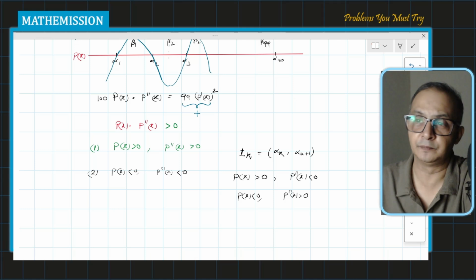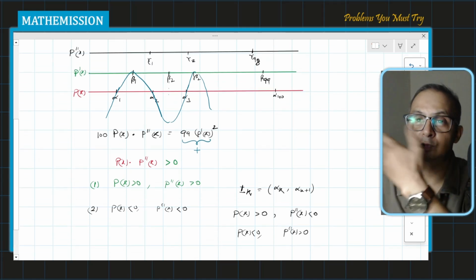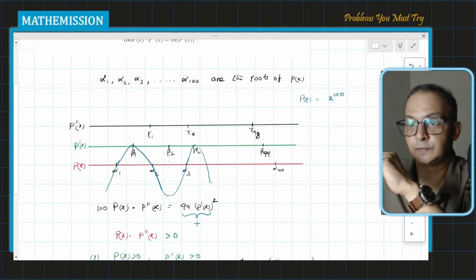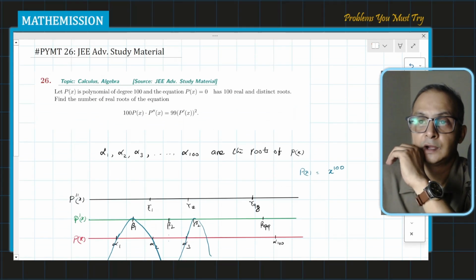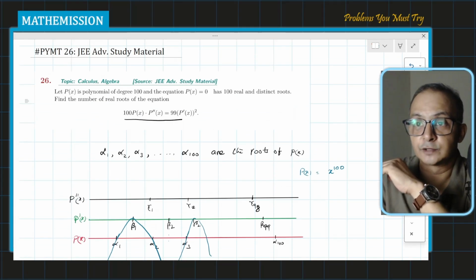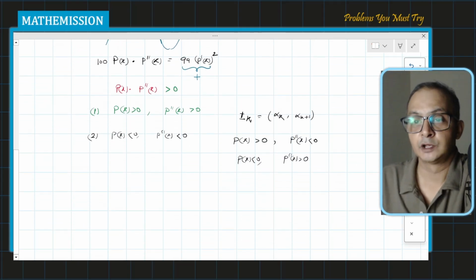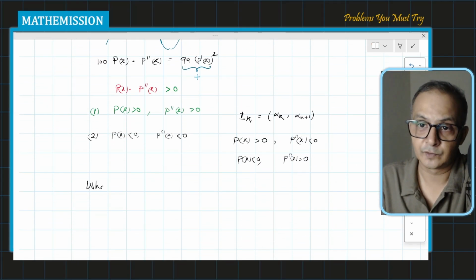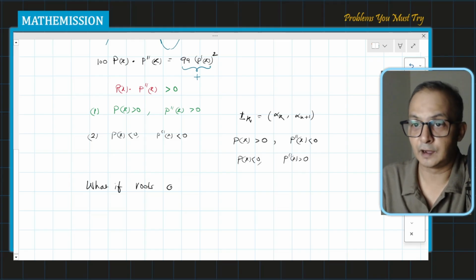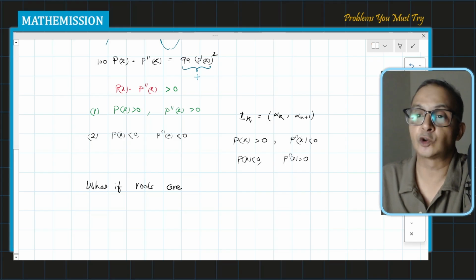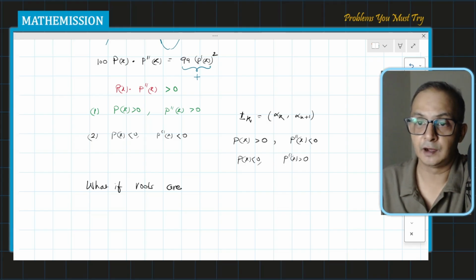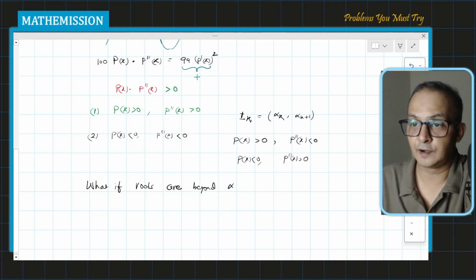But what will happen if I take any root? Suppose maybe this equation is holding for some other values beyond alpha 1 and alpha 100. So let's also analyze that thing. What you can comment on the roots beyond alpha 1 and alpha 100?